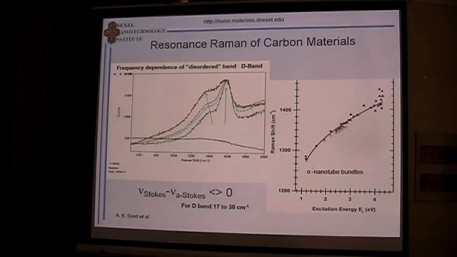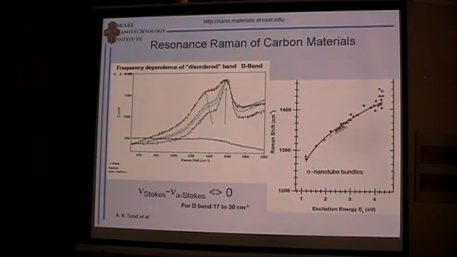With the D-band, it's also necessary to watch that it will shift, and its intensity will depend on the excitation wavelength. The longer the excitation wavelength, the higher the intensity of the D-band, and also the lower the position.